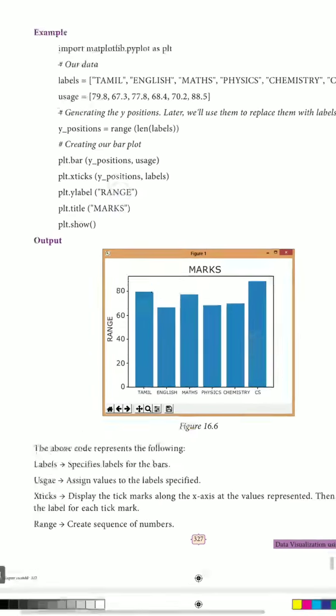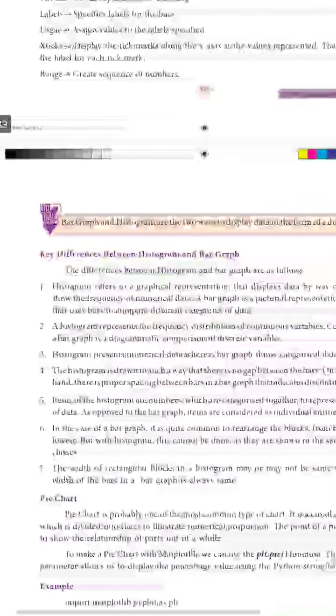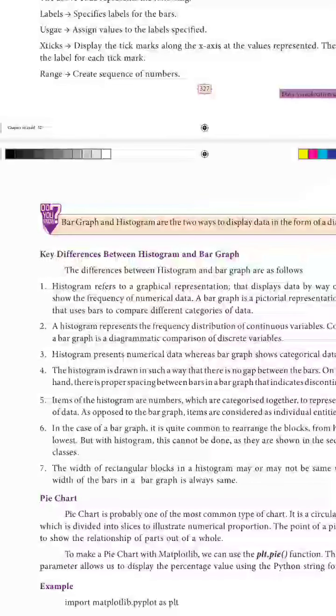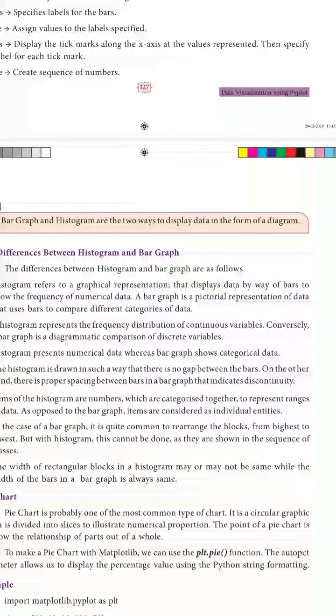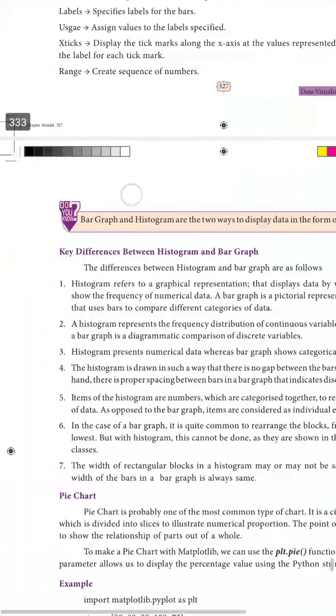Okay, so next is the difference between histogram and bar chart. Histogram refers to the graphical representation that displays the data by way of bars, showing the frequency of numeric data.